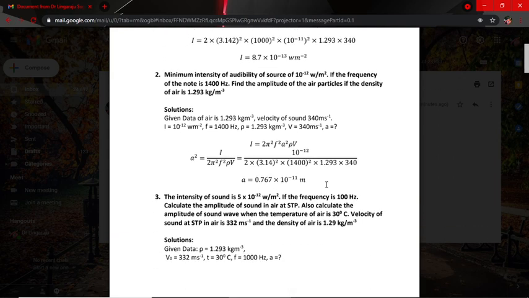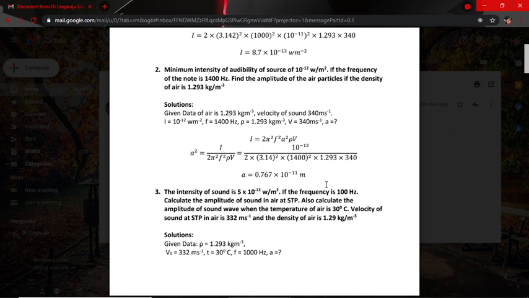Next we come to the second problem. The minimum intensity of audibility of sound is 10 to the power of minus 12 watt per meter square.